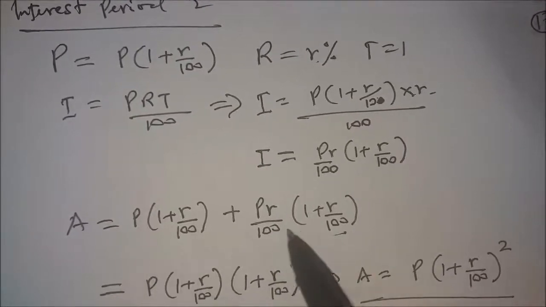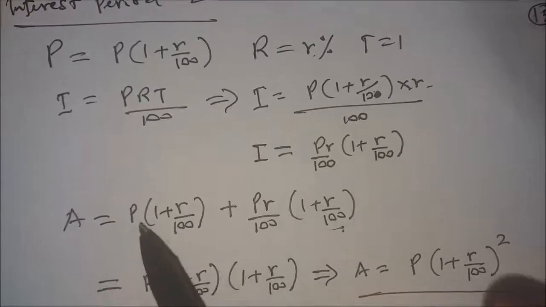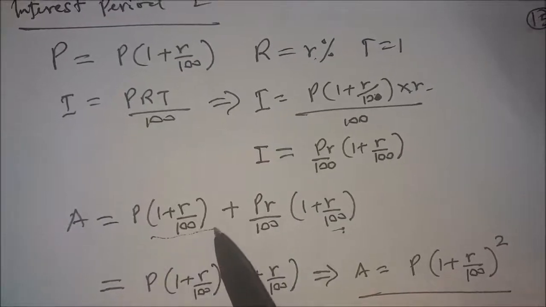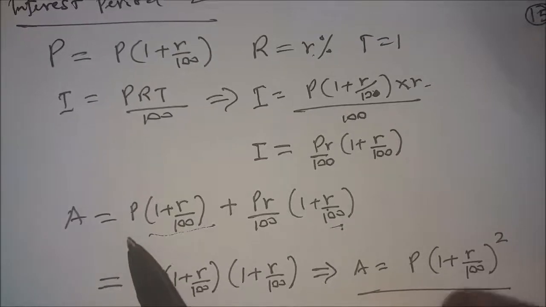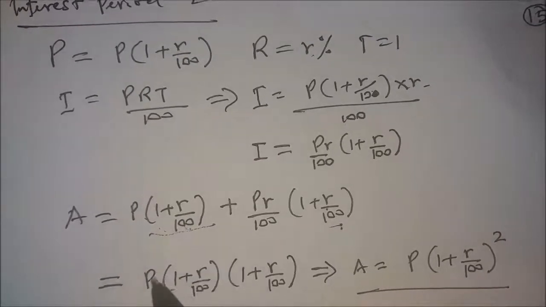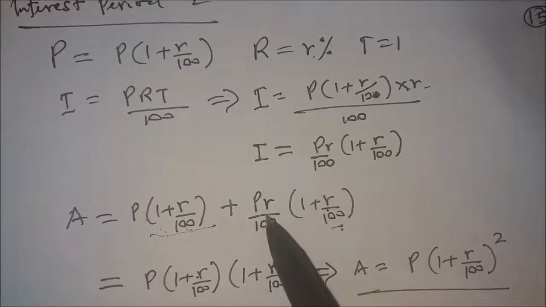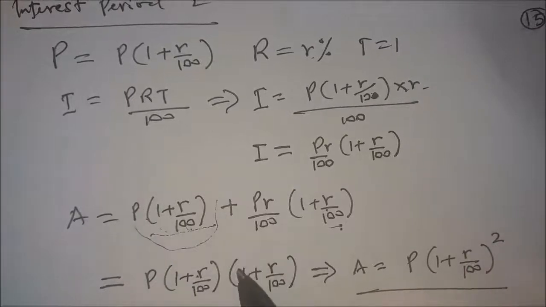Now, we can simplify this. We can make this look simple. P is common. Also, 1 plus R over 100 is common. So we bring them out of the bracket. So we factor out P into 1 plus R over 100. And so we remain with 1 plus R over 100. If we bring this one out, we remain with 1.